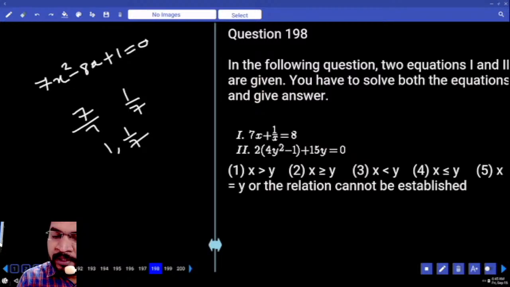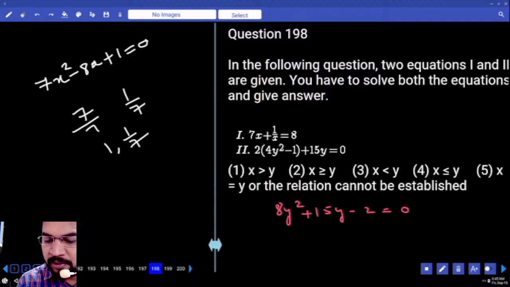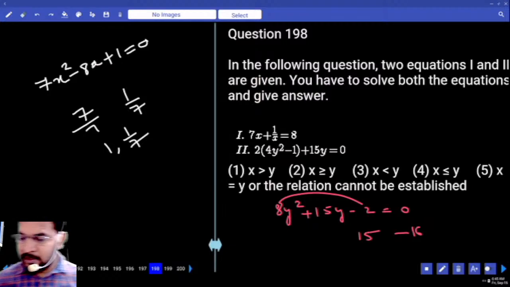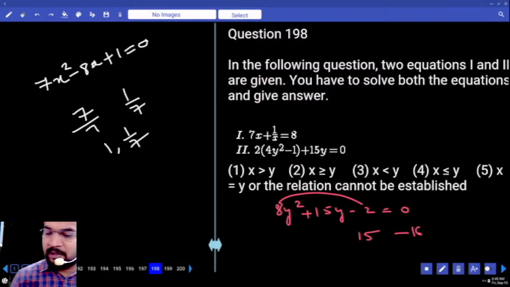Next. This is what? 8y square plus 15y minus 2 is equal to 0. 8 2s are 16. Minus 16. What are the possibilities? Minus 16 plus 15. 16 1, but plus 16 minus 1.